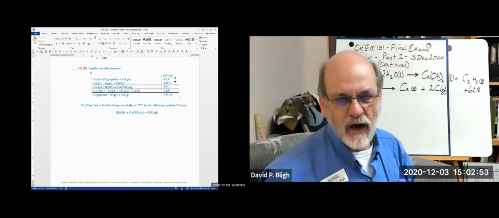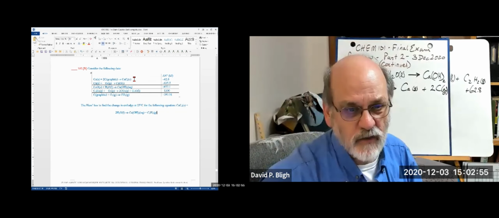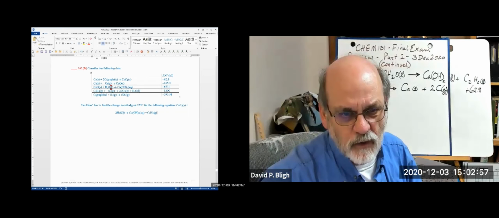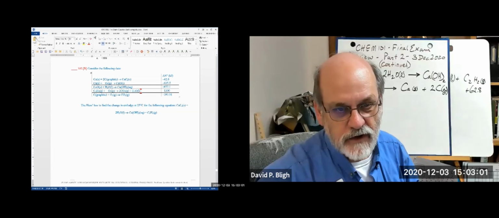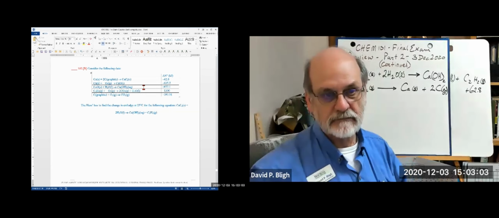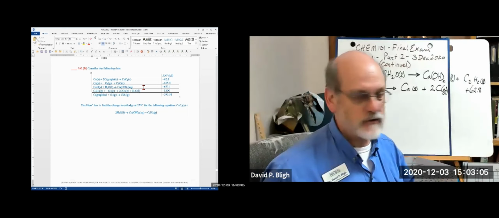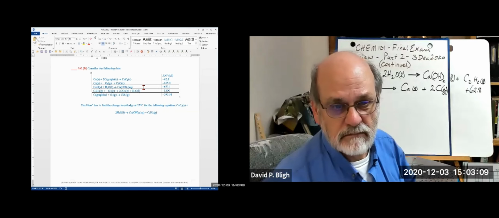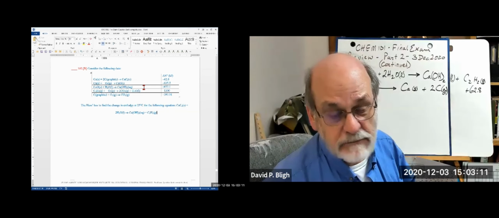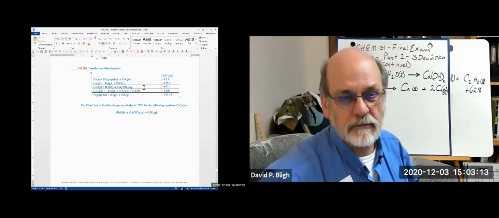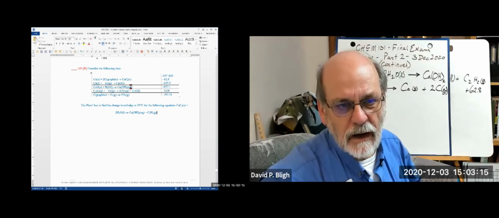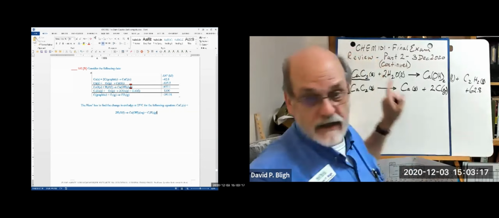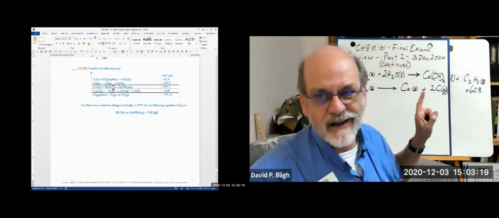Water. Okay, so let's see. Which one has water in it? Well, we got this one with water in it, and we got that one with water in it. So which one do you use? Let's take the first one. So water, it's on the correct side, but there's not enough of it.